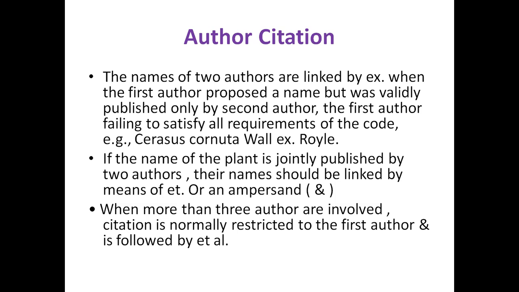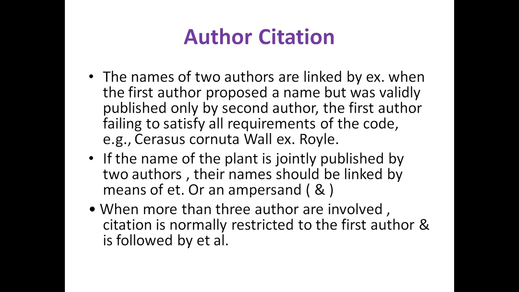If the name of the plant is jointly published by two authors, meaning the same plant can be identified, studied and published by two authors, then their names should be linked by means of "et" or an ampersand. So when two authors jointly publish a name, both the authors' names are kept, and between the two names they use "et" or an ampersand.